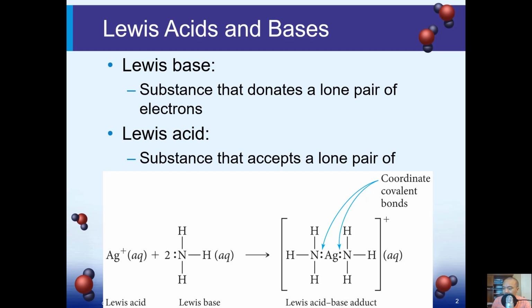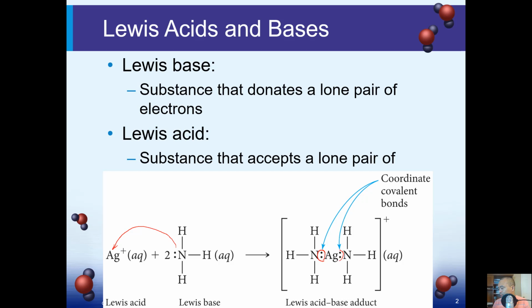For example, let's look at the picture below. The reaction between silver ion and the Lewis base, ammonia, happens in such a way that one ammonia donates a pair of electrons to silver, thus forming two new bonds as indicated over here.